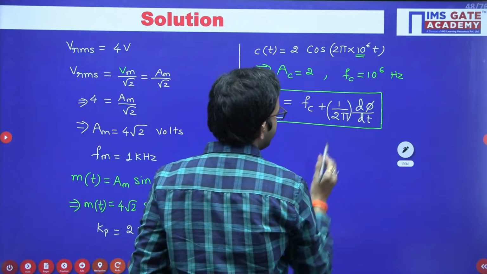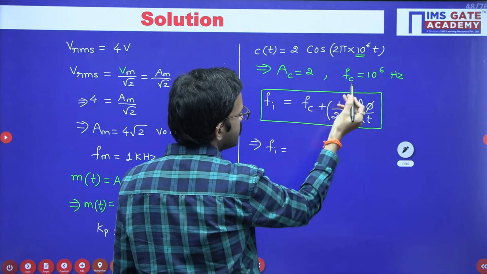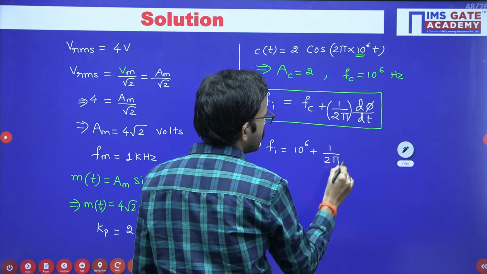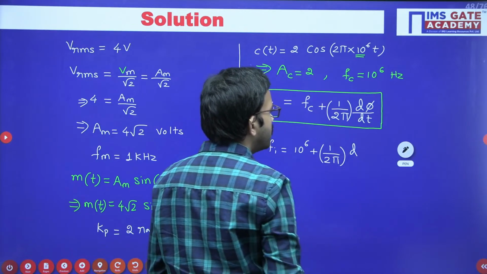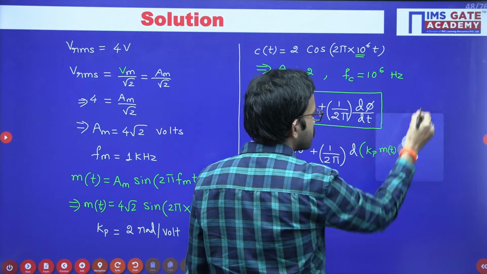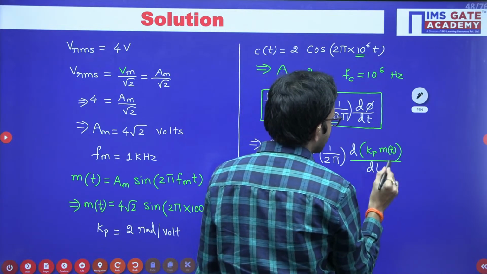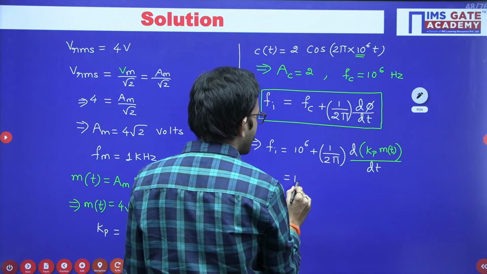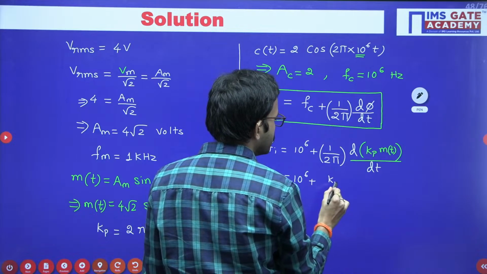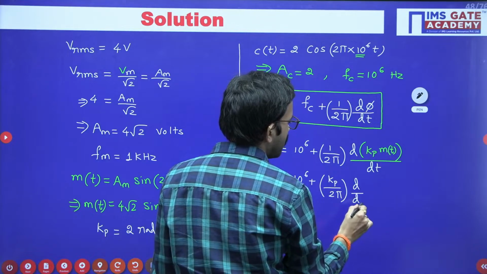Here phi is nothing but Kp into m of t. So fc I am substituting as 10 power 6, plus 1 by 2 pi as it is, where phi is Kp into m of t. Here 10 power 6 you can copy as it is. Then Kp is a constant, we can keep it outside the derivative, into d by dt of the message signal.